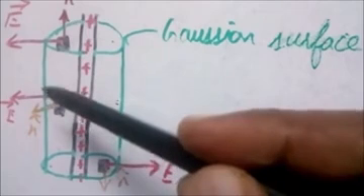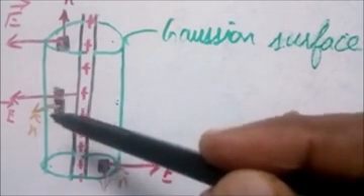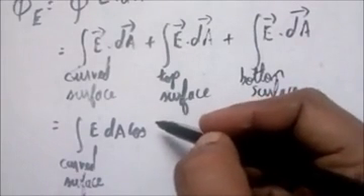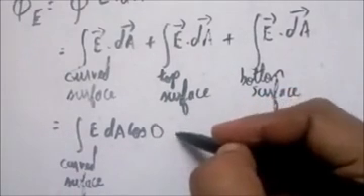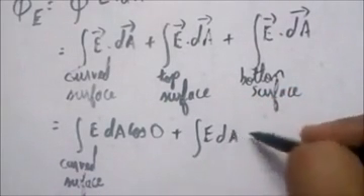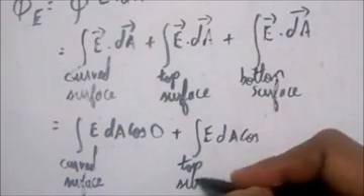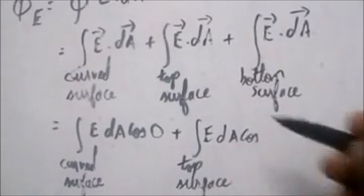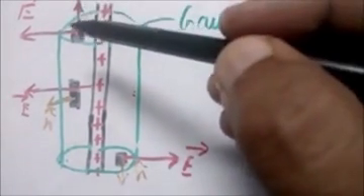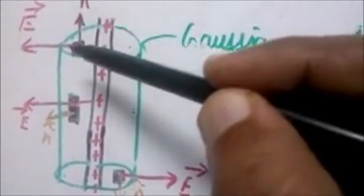Let me take the first one. The angle between the electric field and the normal is 0 degrees, so cos 0. So E dA cos 0, plus the second one, E dA cos of the angle, for the top surface. For the top surface the angle between the normal and the electric field is 90 degrees.